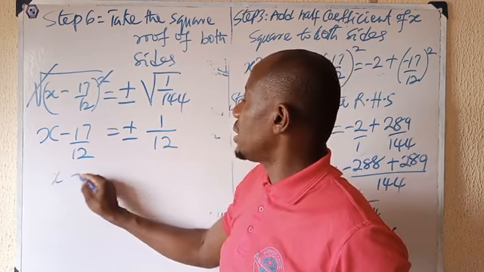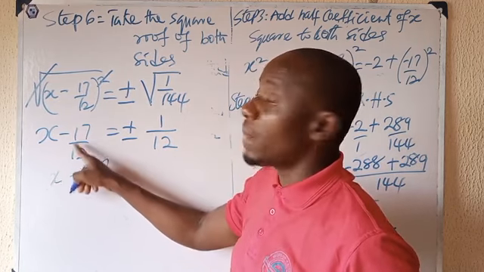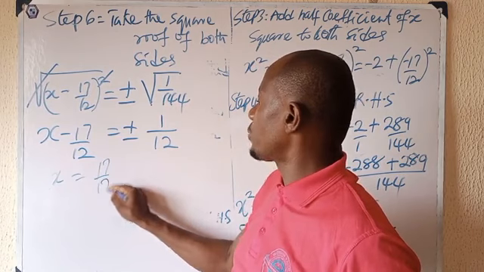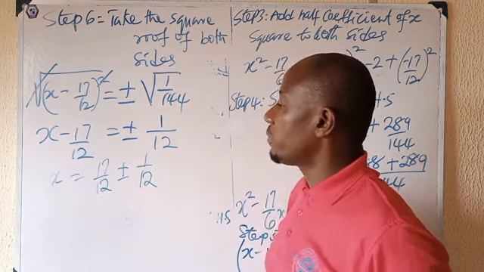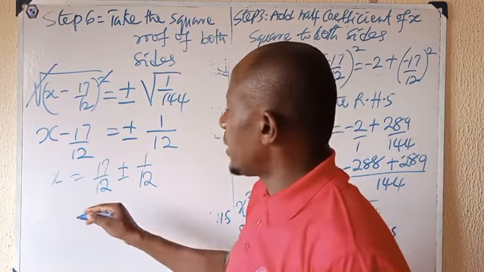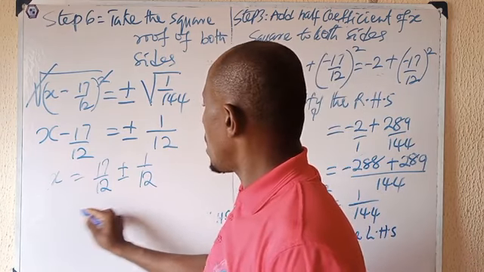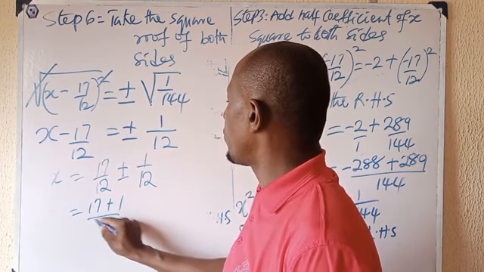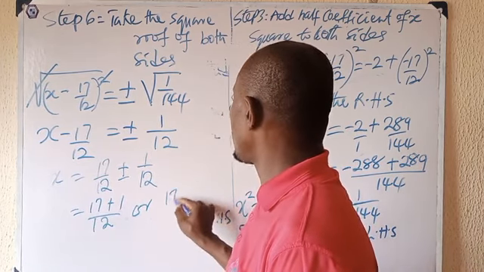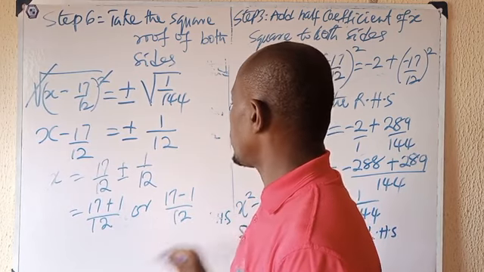So x is equal to 17 over 12, crossing the sign of equality, plus or minus 1 over 12, right? So it means that this is equal to 17 plus 1 over 12, or 17 minus 1 over 12.